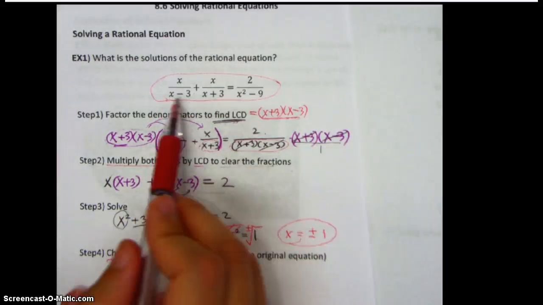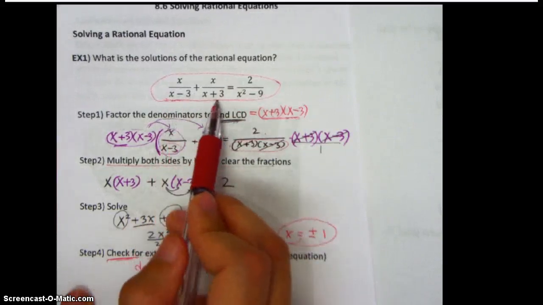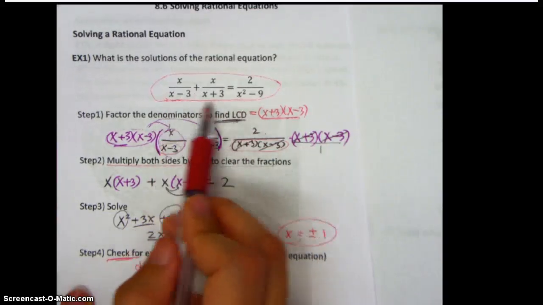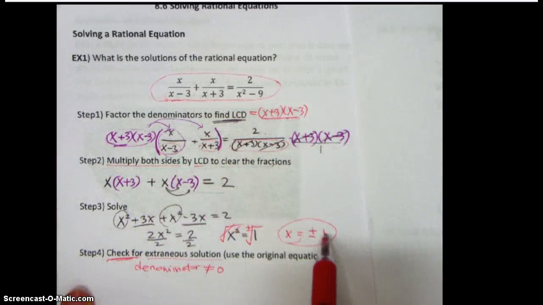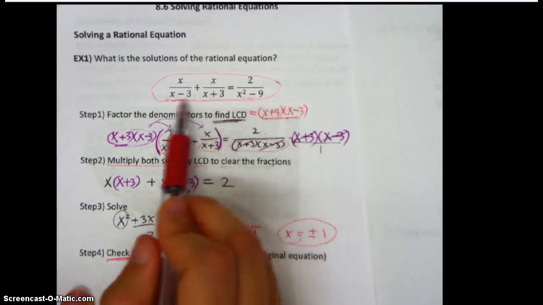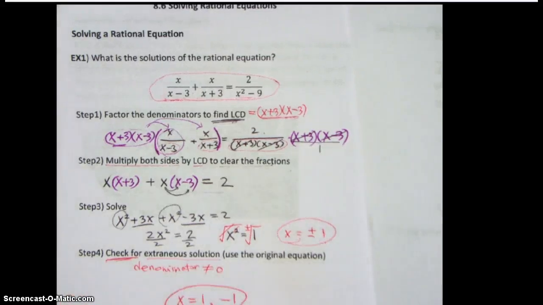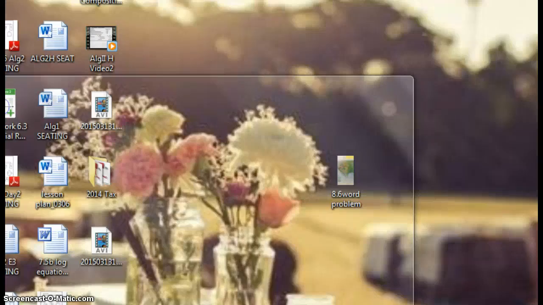Obviously the only numbers that will make the denominator equal 0 are 3 and negative 3, those two numbers only. If you plug in 1 or negative 1, it's not going to be 0. The bottom can never be 0. So you can just say that x equals 1 or negative 1 is the final answer.